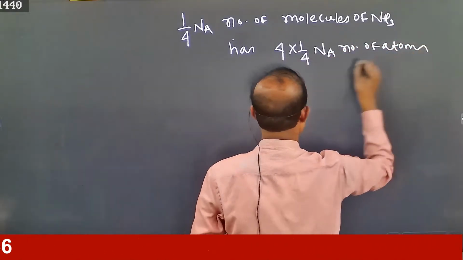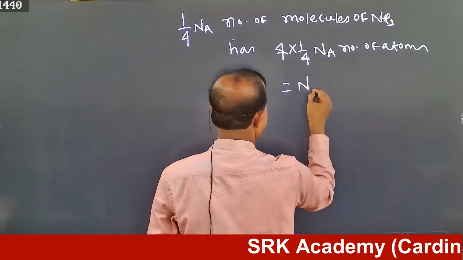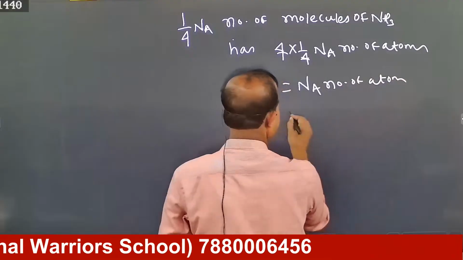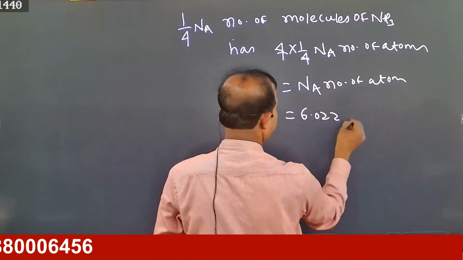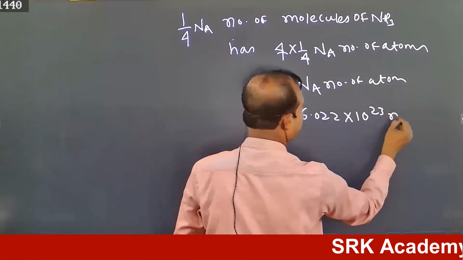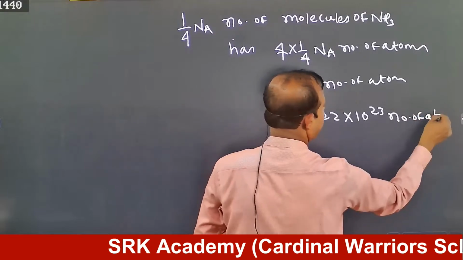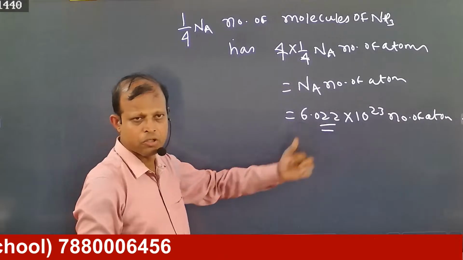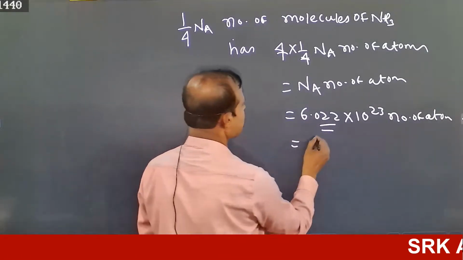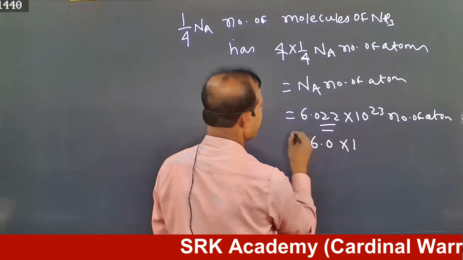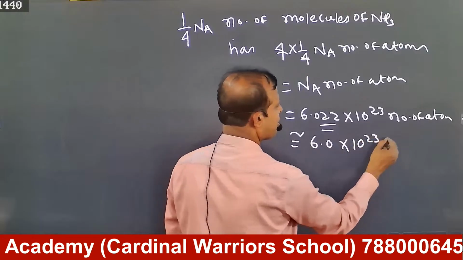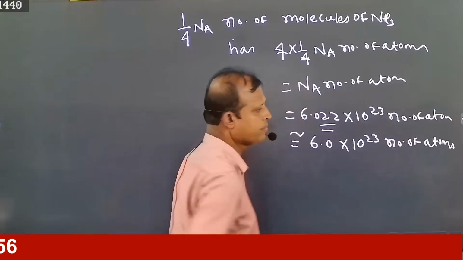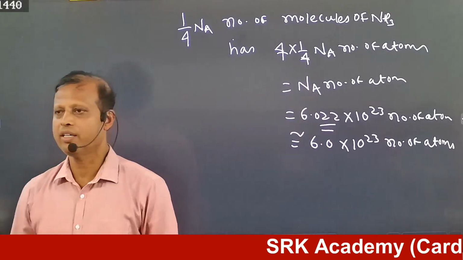That is the same as Na number of atoms. So Na means 6.022 into 10 to the power 23 number of atoms. And this is very close to approximately 6.0 into 10 to the power 23 number of atoms. Understood?